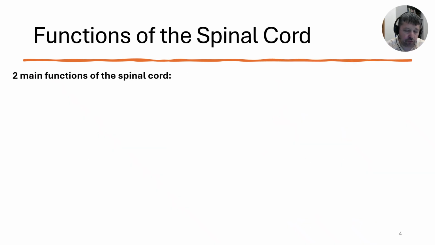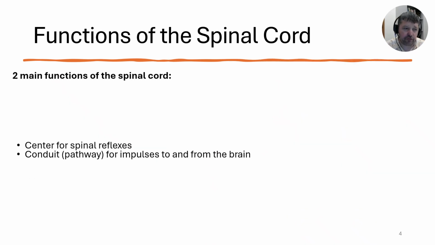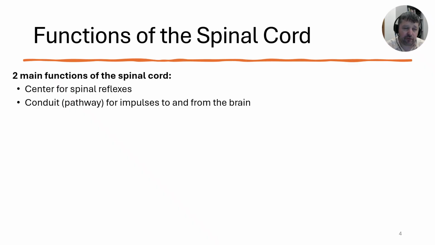Okay, so you have two main spinal cord functions. The first is spinal reflexes. Okay, so these are motor functions that don't really need to go to the brain. So the impulse is not sent to the brain. This is controlling things in that region, okay, without a signal going to the brain.